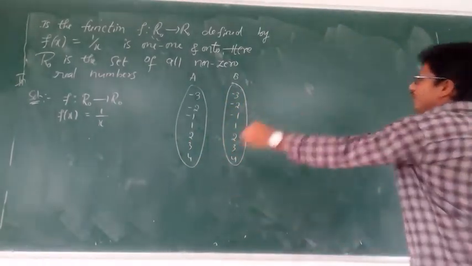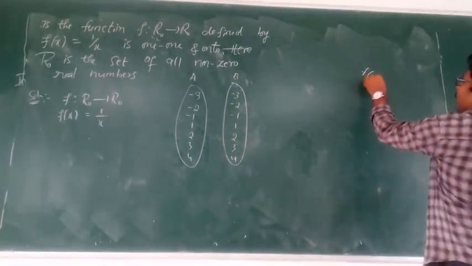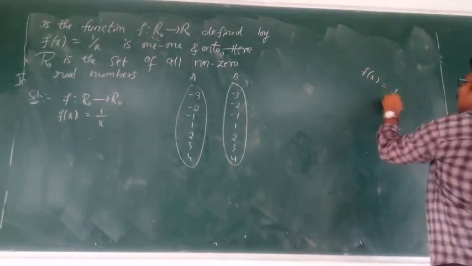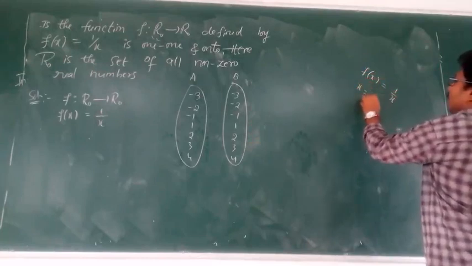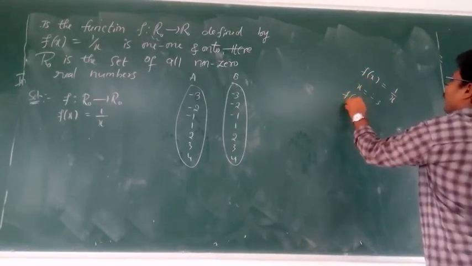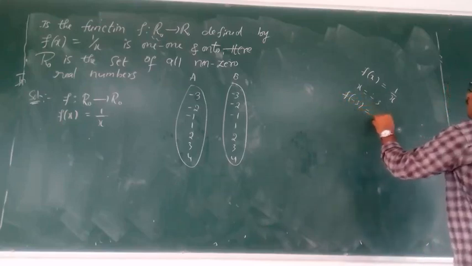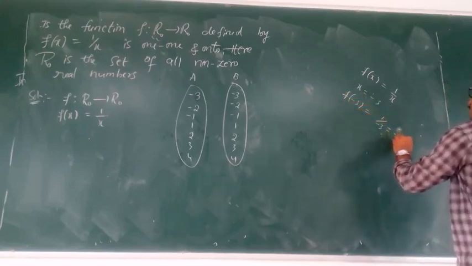I will take minus 3 because except 0 is there. So is it possible to connect between those two elements, f of x is equal to 1 by x? Fill x equal to minus 3, f of minus 3 is equal to 1 divided by minus 3, it means minus 1 by 3.